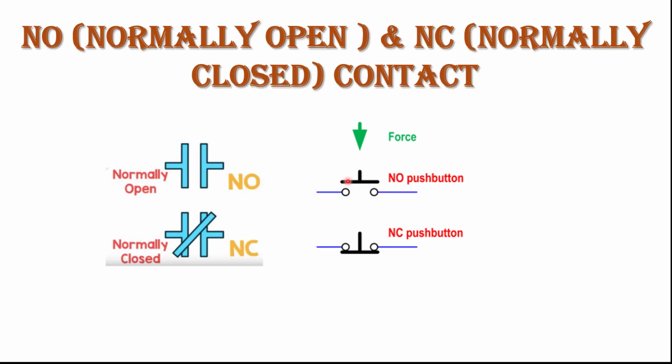NO contact means normally open: there is no connection between the input and output and no current flows. NC contact means there is a connection between input and output, current will flow, and the coil or output will be energized. So in this way we use NO or NC contacts in our ladder logic diagram.